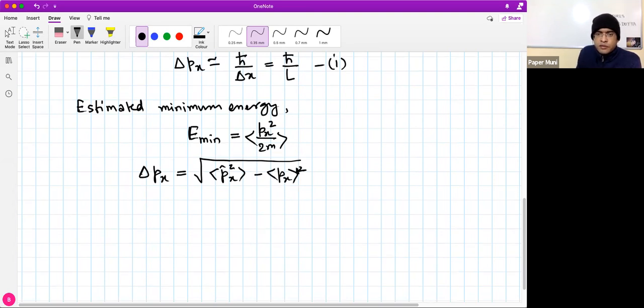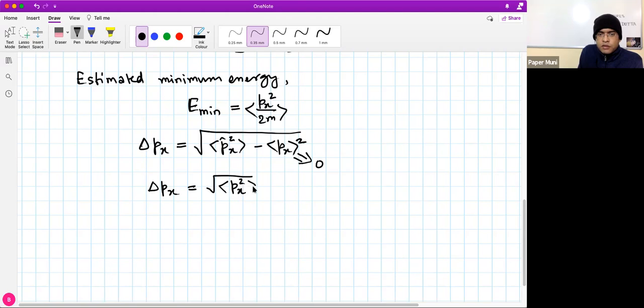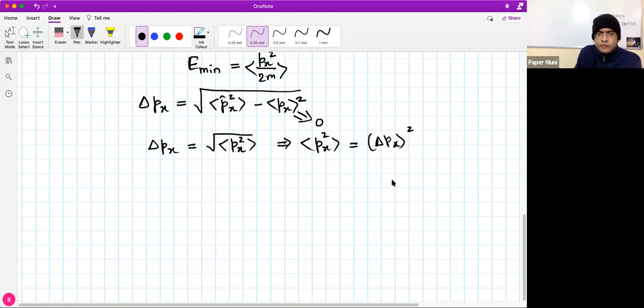And for a given potential, if the wave functions are real, the momentum expectation value will be 0. So using this, delta px is equal to root over the mean of px square, which implies that the mean of px square can be written as the uncertainty in momentum measurement square.